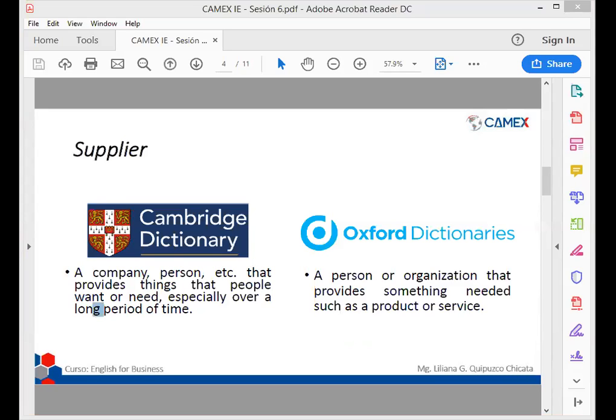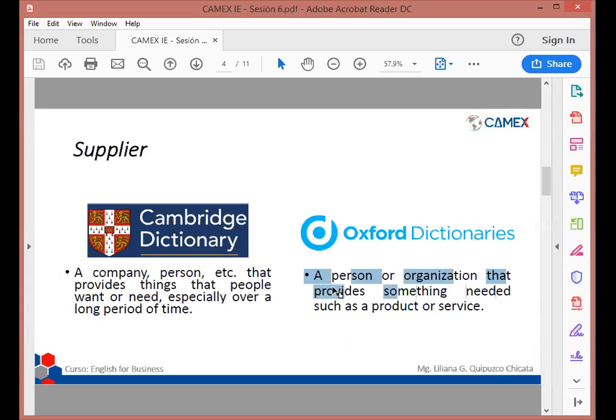Perfect. So, the second word that is really important in this case is the word provide. You can find it in here and you can find it here. So why provide and not sell? Because provide could mean that we are selling or buying, that we are paying for the product, and also we could talk about receiving a product for free.